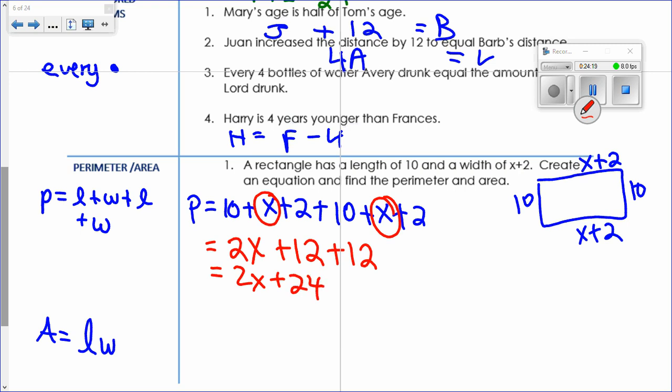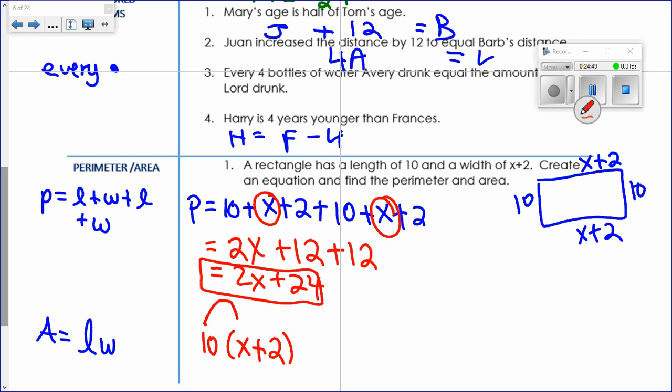Can you combine these 2 terms? No, they're not like terms. That's your final answer. That's it. That's your perimeter. Your area, on the other hand, what's the length of this rectangle? 10? What's the width? X plus 2. So 10 times x plus 2. What do we do with that 10? It distributes to the first term inside.